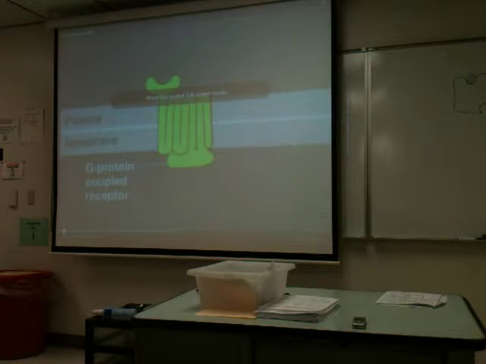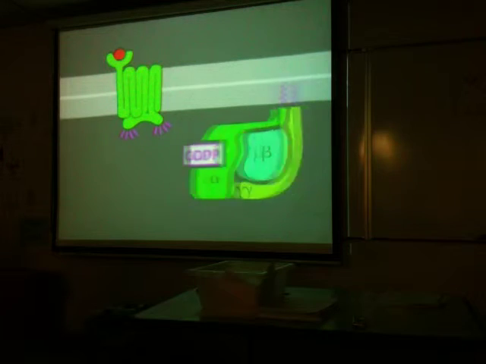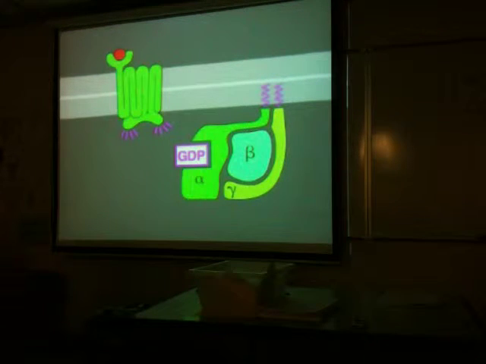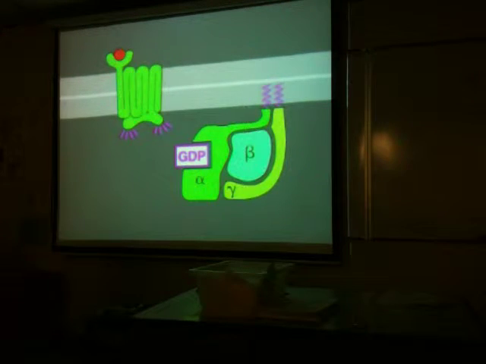Receptors have a large extracellular ligand binding domain. When an appropriate protein ligand binds to this domain, the receptor undergoes a conformational change that is transmitted to its cytosolic regions, which now activate a trimeric GTP binding protein, or G protein for short. As the name implies, a trimeric G protein is composed of 3 protein subunits called alpha, beta, and gamma. Both the alpha and gamma subunits have covalently attached lipid tails that help anchor the G protein in the plasma membrane. In the absence of a signal, the alpha subunit has a GDP bound, and the G protein is inactive.